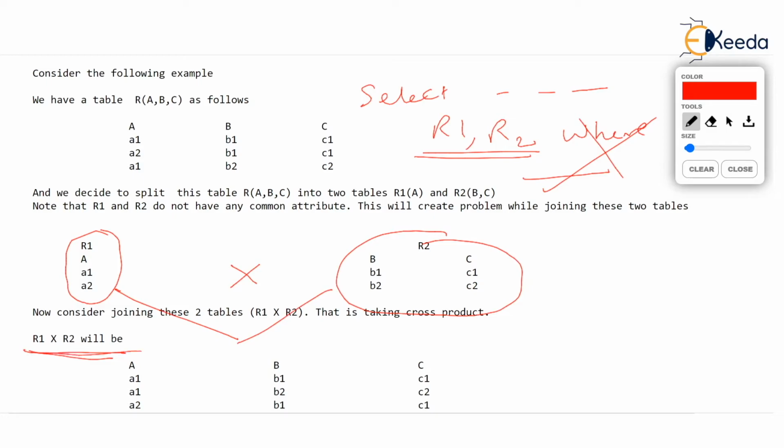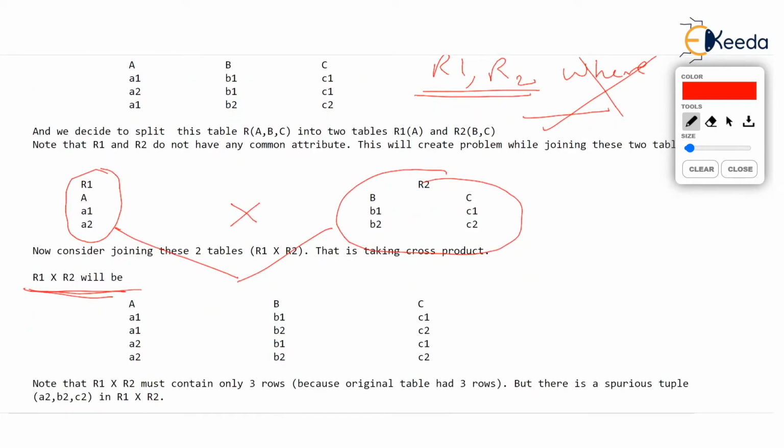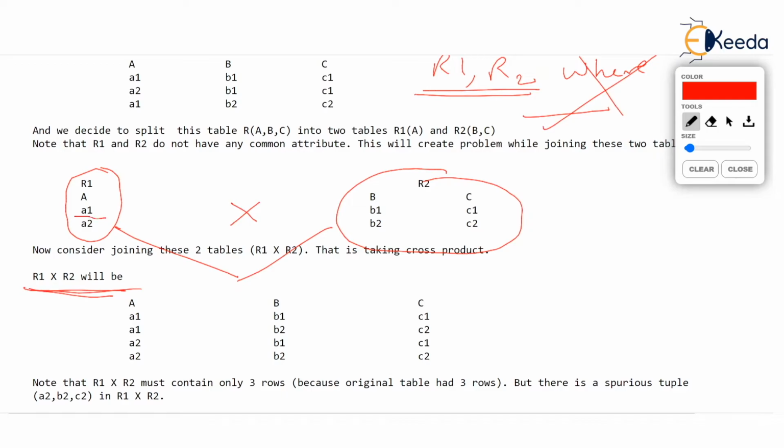Let's see. This A1, you note the first row will be combined with the first row. That means you will get A1, B1, C1. But the first row itself will be combined with the second row also, because every row is combined with every other row of the other table. So you will get A1, check this, A1, B2, C2, isn't it?